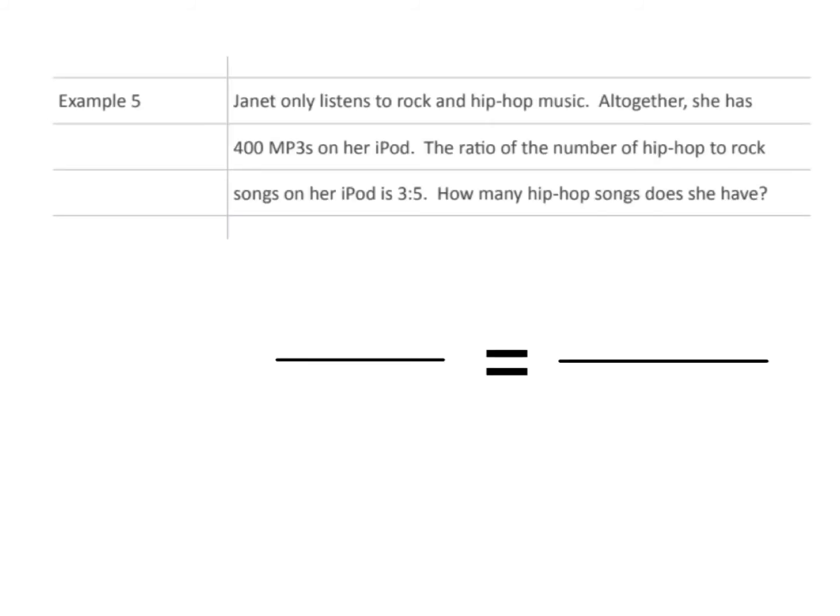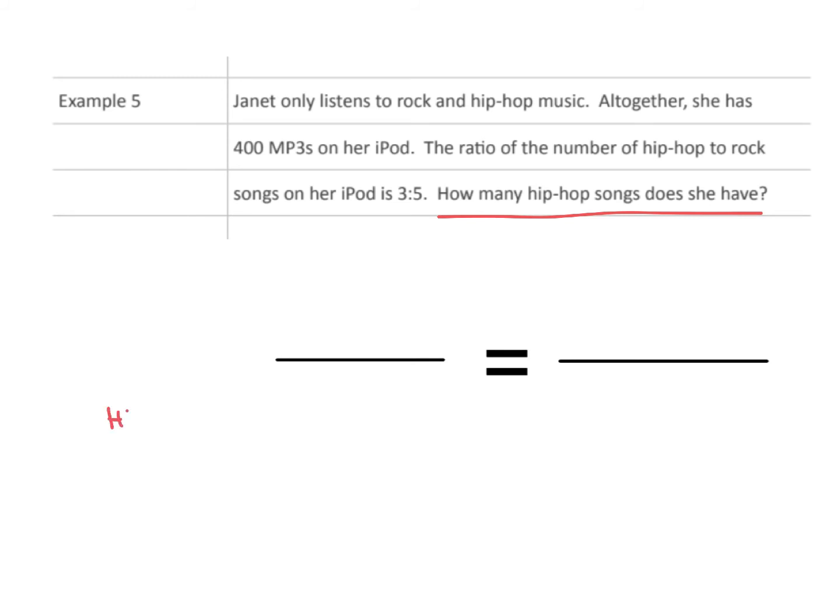Example 5. Janet only listens to rock and hip-hop music. Altogether, she has 400 MP3s on her iPod. Again, showing that our time here is a few years ago. The ratio of hip-hop to rock on her iPod is 3 to 5. I want to know how many hip-hop songs she has. So I'm going to do a little bit different key.